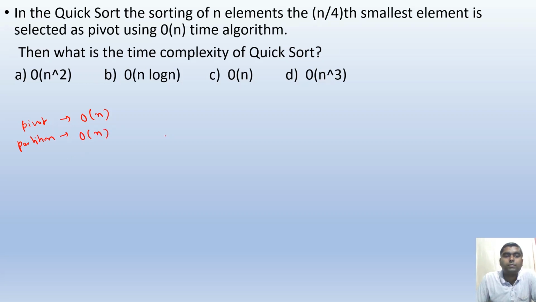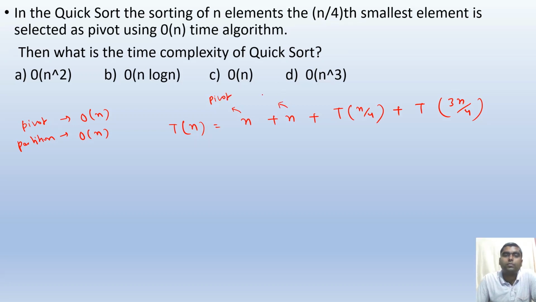Okay, so what will be the recurrence relation for that? Recurrence relation will be n plus n plus T of n by 4 plus T of 3n by 4. I hope that this is clear to you. So this is for what? This is for pivot selection.